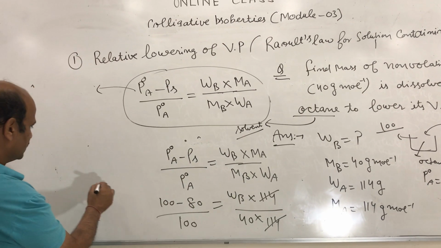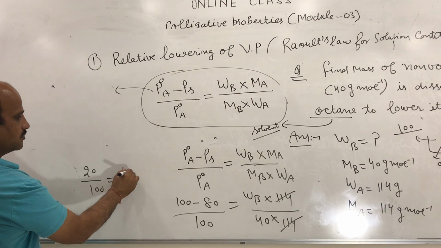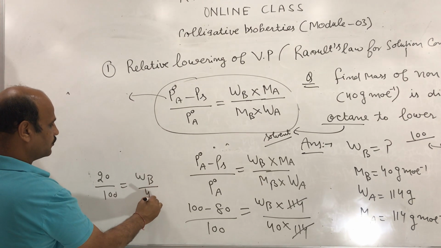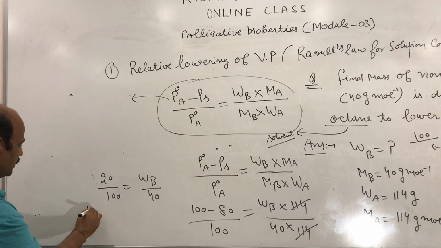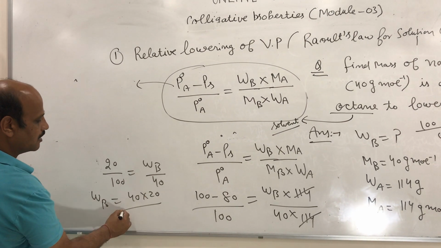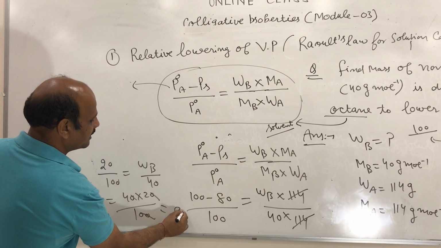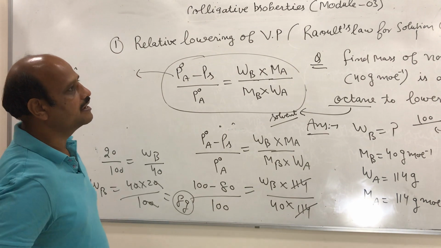And from here, 20/100 equals WB/40. So WB will be 40 × 20/100. This comes out to be 8 gram. Your answer will be 8 gram.